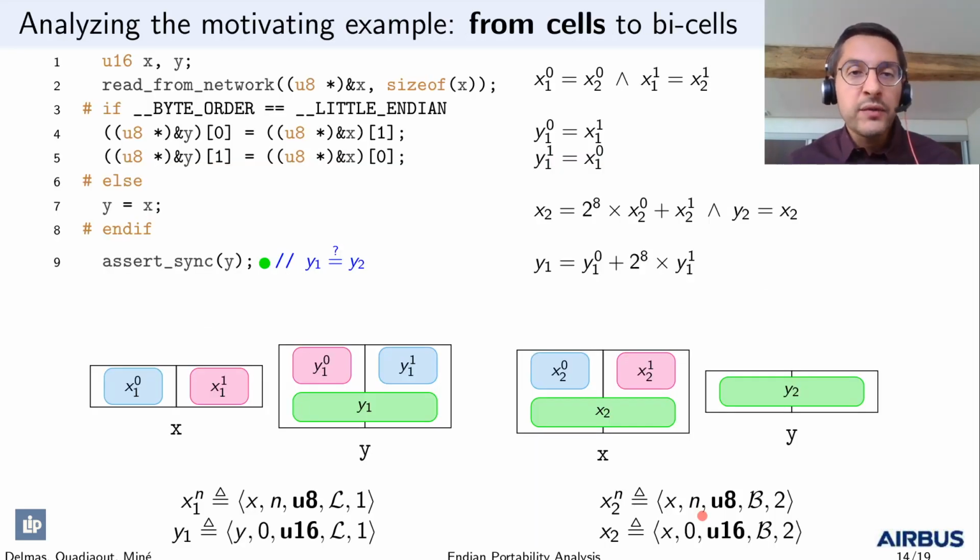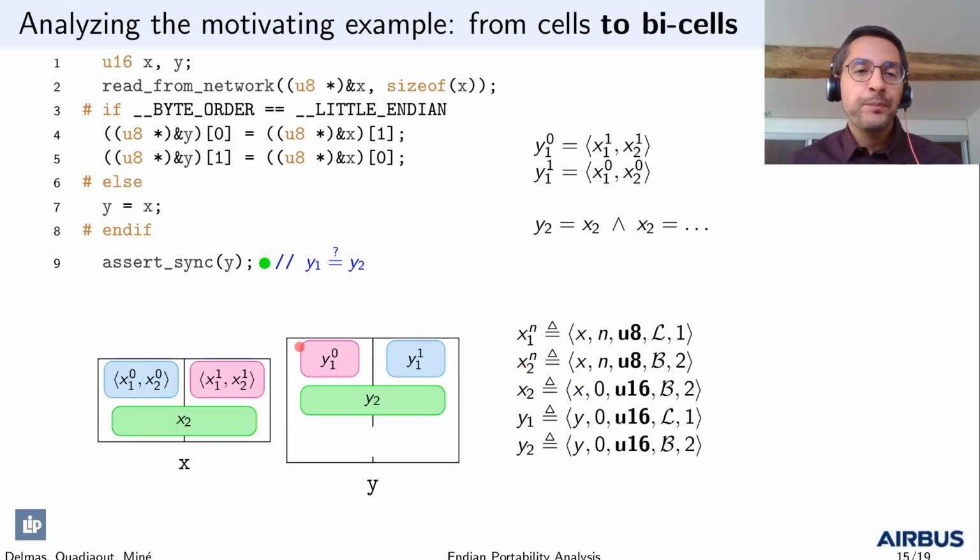Recall the analysis of the example with cells. We synthesized cells for Y1 and Y2 and then queried for equality with a lot of pressure on the numerical domain. Now, if we move on to B cells, we first merge the memory representation.